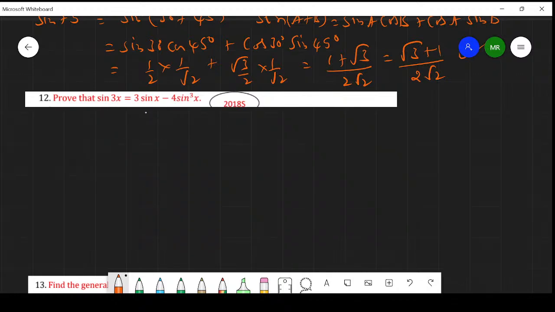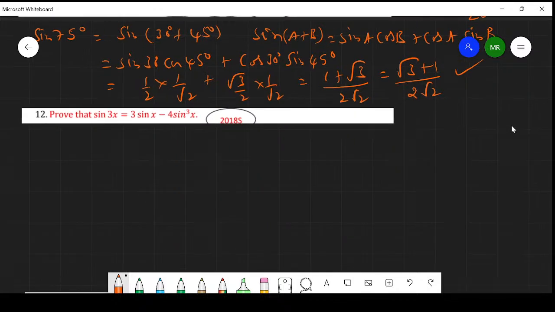Prove that sin 3x equals 3 sin x minus 4 sin cube x. Like the previous problem, we should use the sine of A plus B formula. So sin 3x, you can write as sine of x plus 2x.